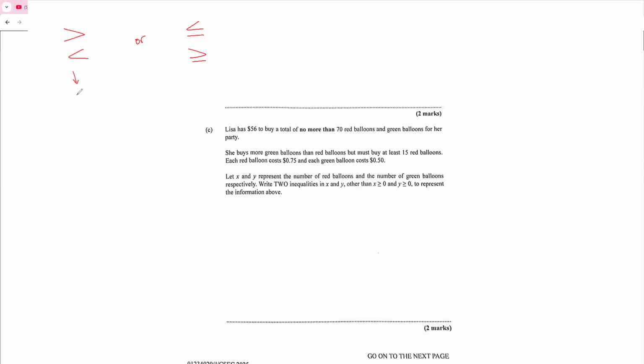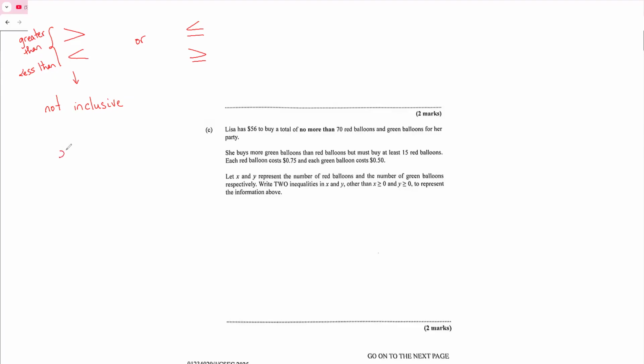Now, these signs would be greater than and less than, but they are not inclusive. It does not include the number.